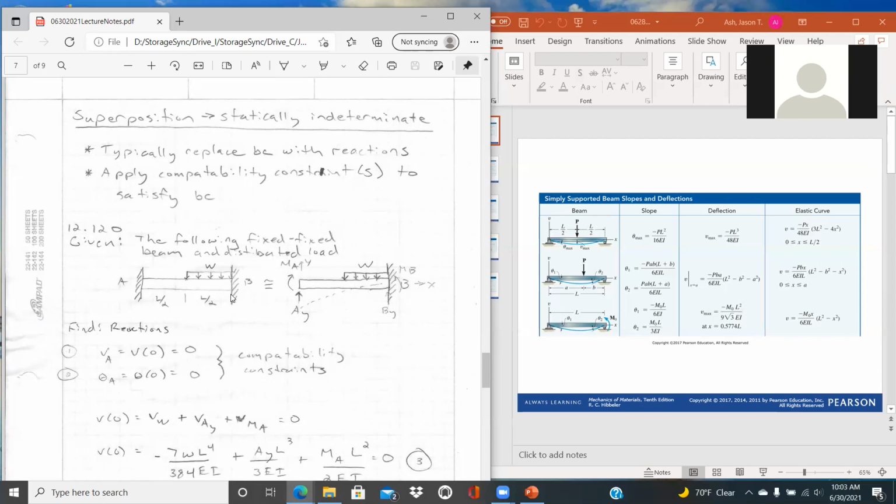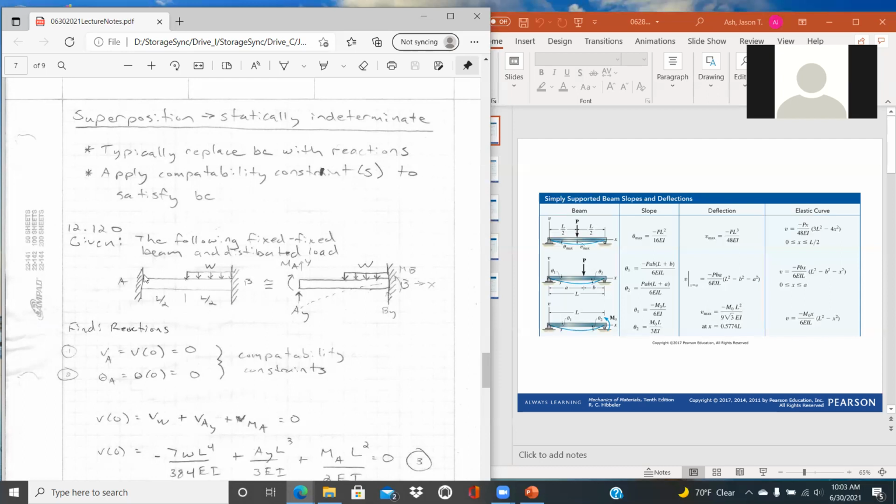And so there, what you typically do is replace one of the boundary conditions with the corresponding reactions that would occur at that point, and then apply our principle of superposition as we did previously, and then define those compatibility constraints.